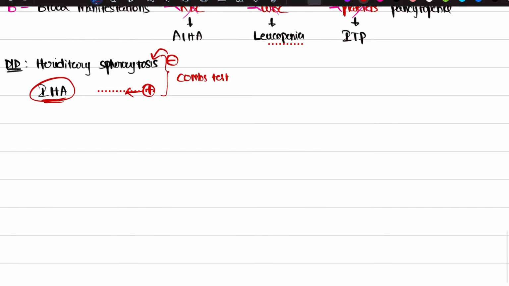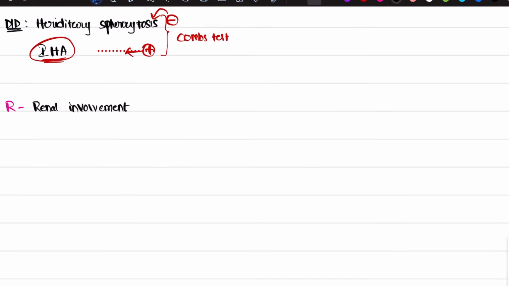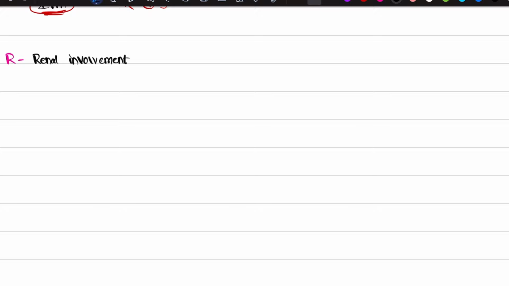And next we are going for R. R means it also involves the kidneys as well. That is renal involvement. So there are renal manifestations as well. So I am just going to write renal involvement. In renal involvement, as you know, there is one factor known as GFR, glomerular filtration rate. I hope you guys know the full form. This will be decreasing much.